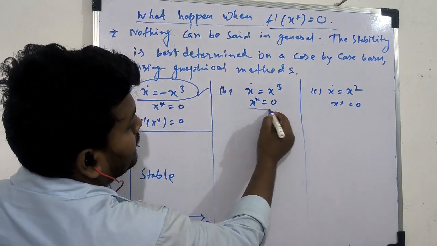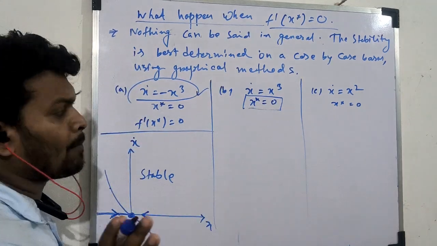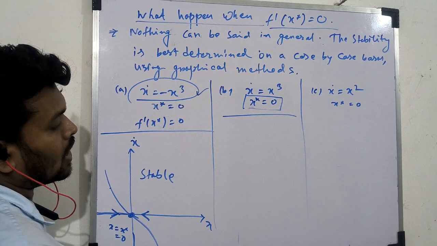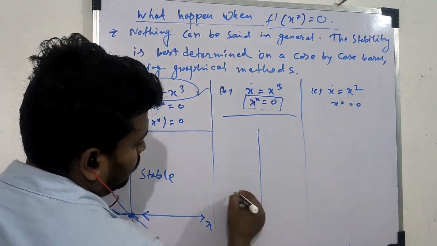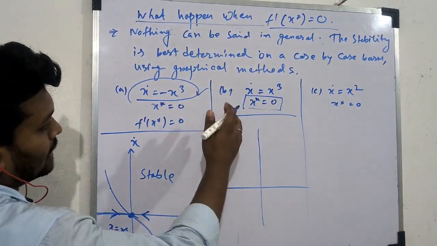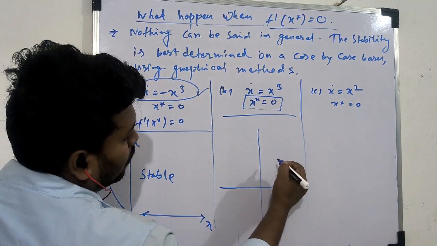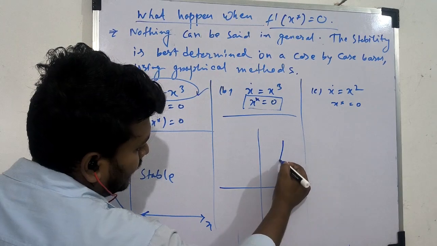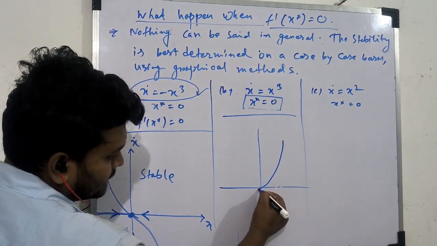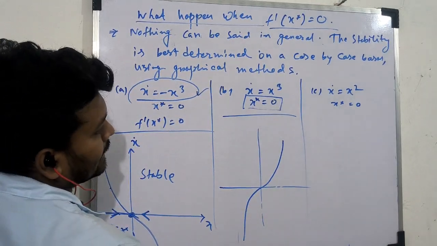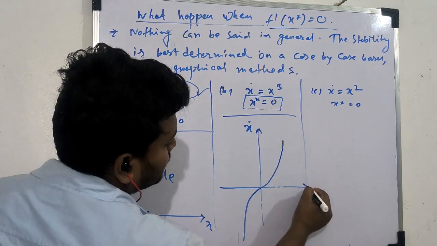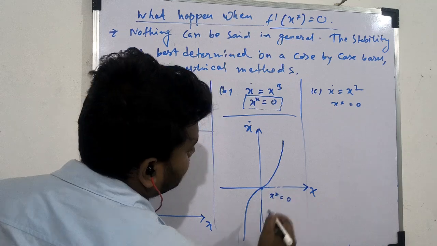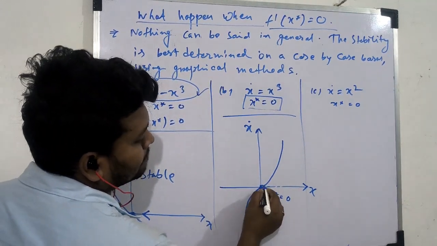But the same equilibrium point for this system will be different. I will discuss that. So for this system the graph will be opposite, that is, whenever x is positive, x dot will be positive, and x negative implies x dot also negative. So this is x dot, this is x, and this is the x dot equal to 0 equilibrium point.